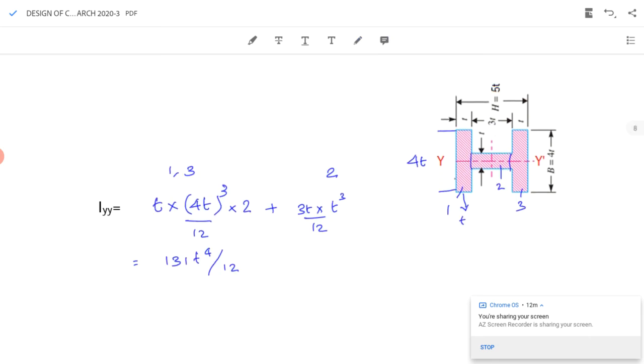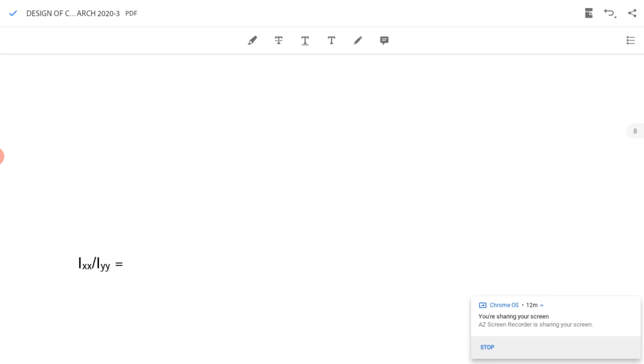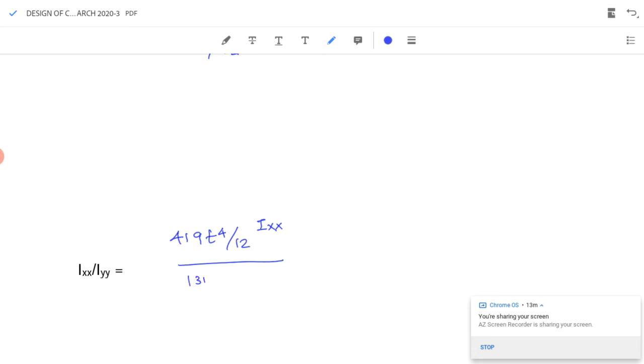So now I can find the value of Ixx by Iyy. Ixx by Iyy equal to 419 t raised to 4 by 12 divided by 131 t raised to 4 by 12.